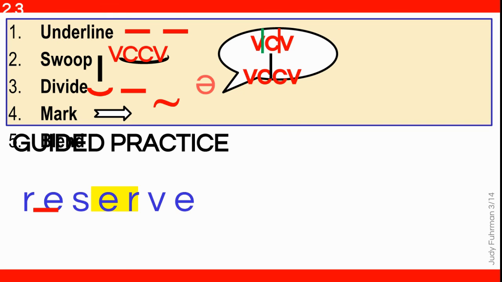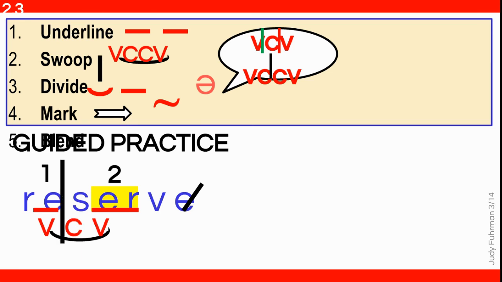We know that the ER is R controlled, right? It makes an R sound. So then the E is silent, so we cross that out. The two talking vowels are the two E's, and then we have the consonant. We label the talking vowels. We make a swoop.